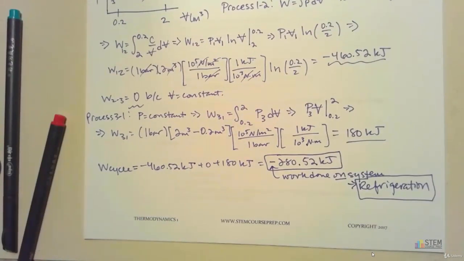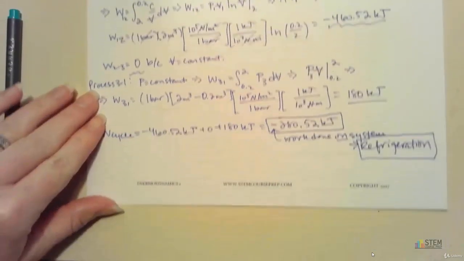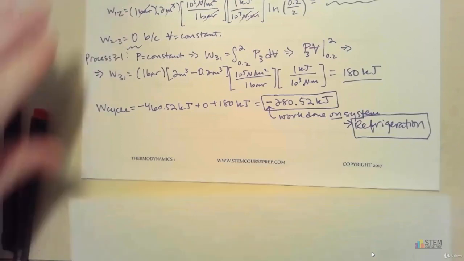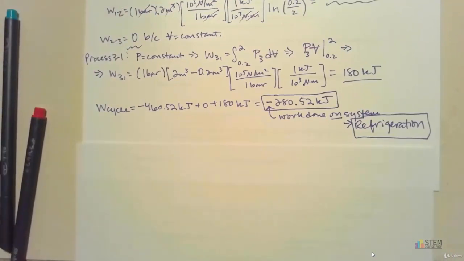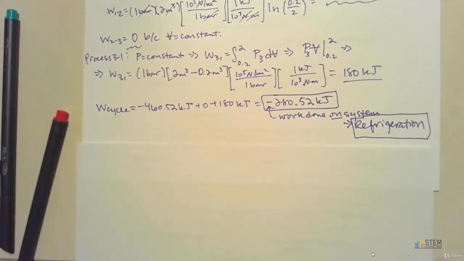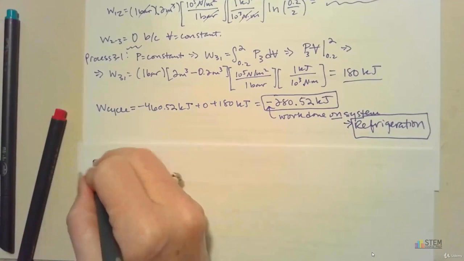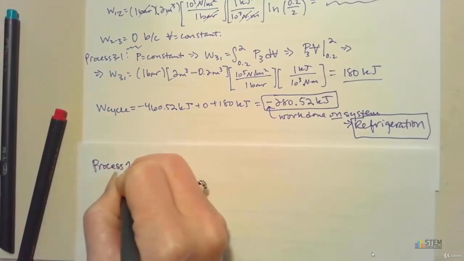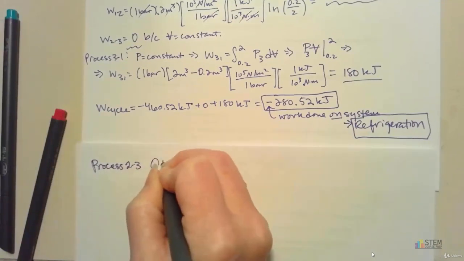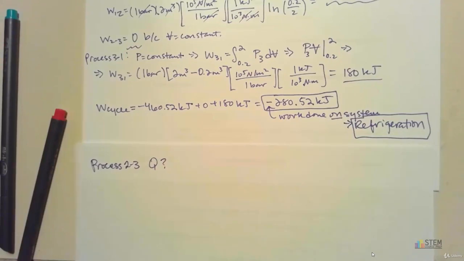Now the next part is to find the heat transfer for process 2-3. Alright, so let's move this up a little bit. I'm going to have to get another piece of paper here. So on this one, what we're trying to do is we want to find Q for process 2-3.